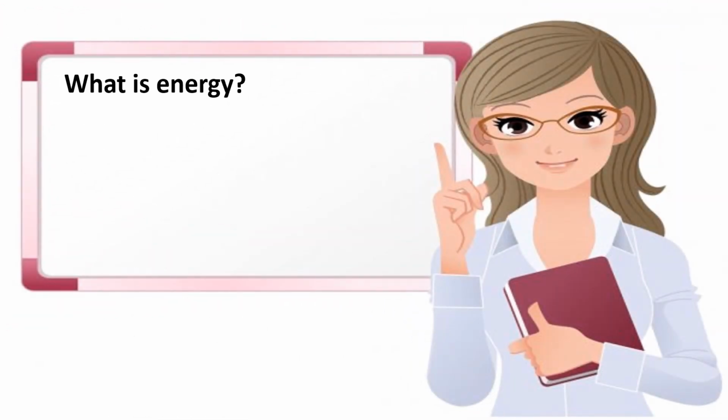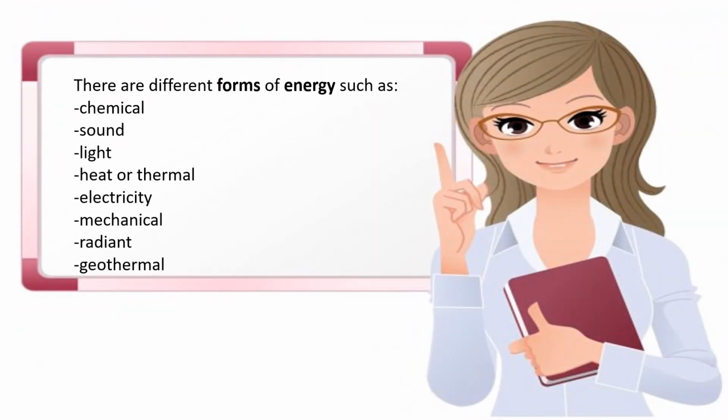So let us talk first, what is energy? When we say energy, that is the ability to do work or the capacity to do work. There are different forms of energy such as chemical, sound, light, heat or thermal, electricity, mechanical, radiant, and geothermal.